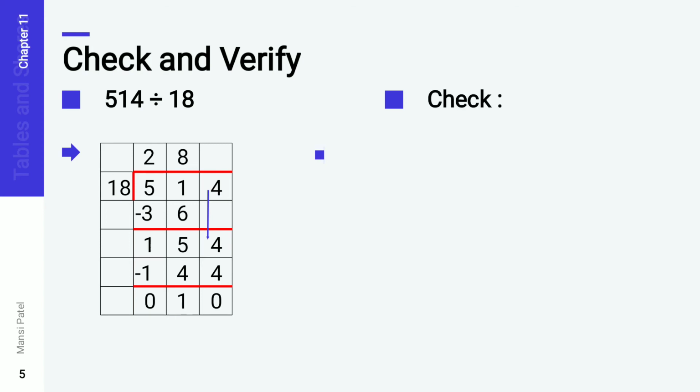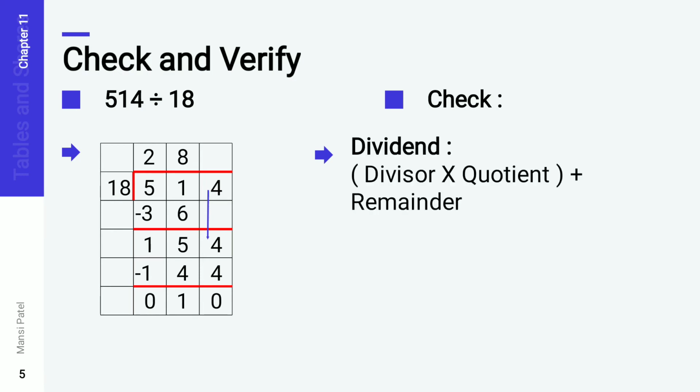So write down the first formula. Dividend is equal to divisor multiplied by quotient plus remainder. Now here in this question your divisor is 18 multiplied by your quotient, which is 28. So 18 multiplied by 28, in that you have to add 10. 18 multiplied by 28 is 504. To this 504 you have to add your remainder.